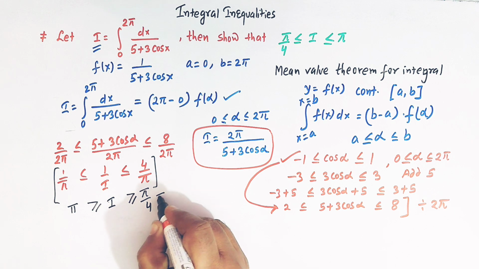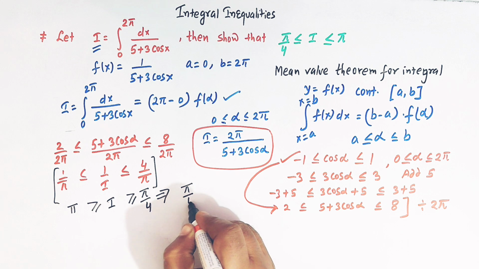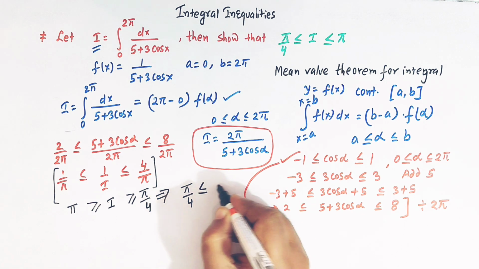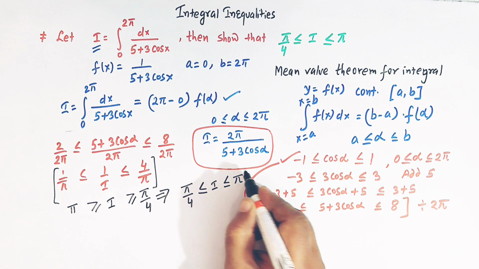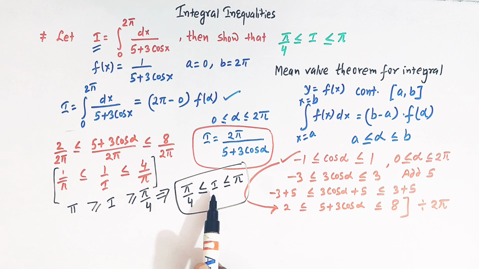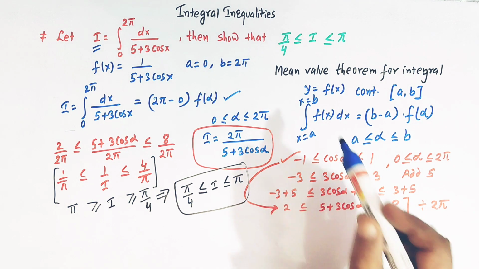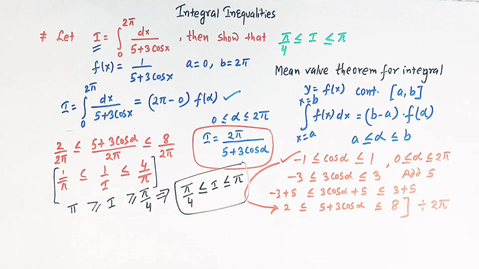We can also write this inequality as pi by 4 is less than or equal to I, which is less than or equal to pi. So this is our desired inequality which was to be proved. Viewers, this is how, by making use of the mean value theorem for integrals, we can solve these kinds of integral inequalities.